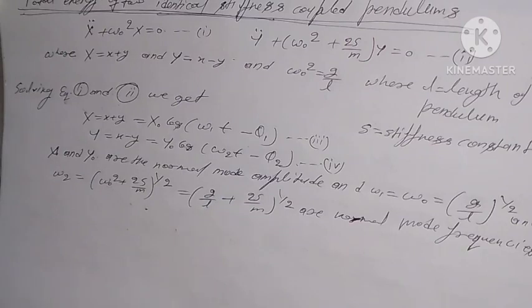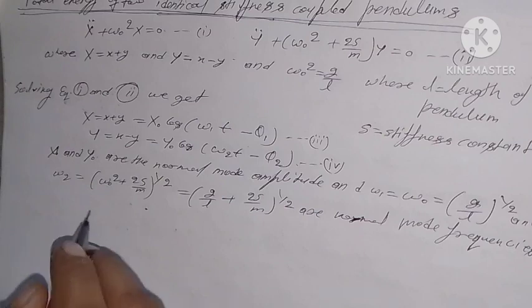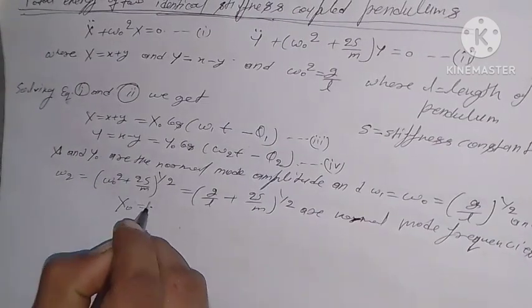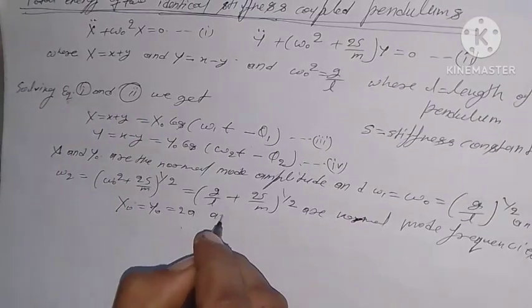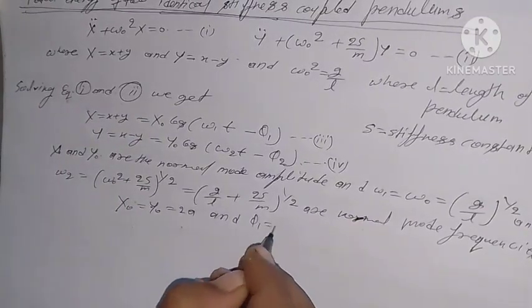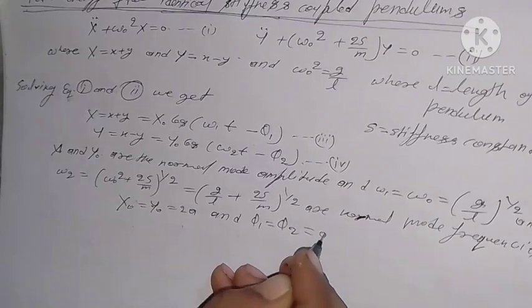To simplify further, let x naught equal to y naught equal to 2a and phi 1 equal to phi 2 equal to 0.